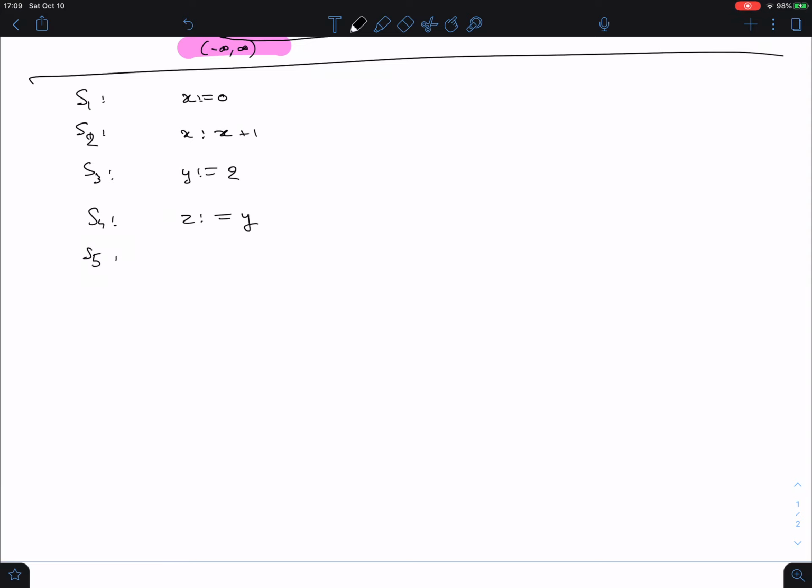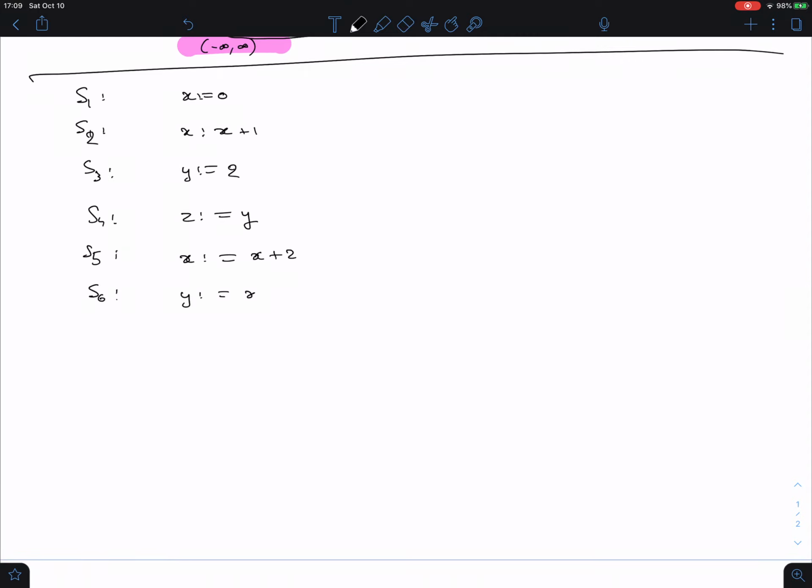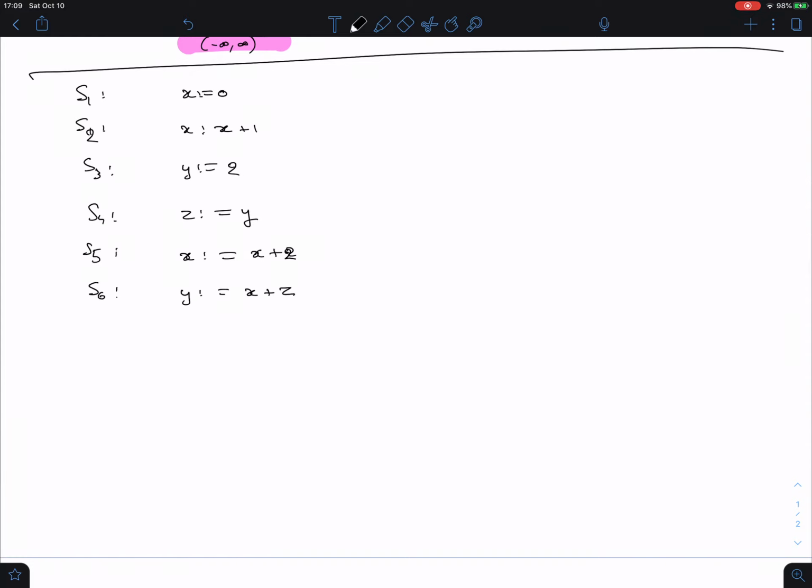S5 is the instruction x is x plus 2. S6 is the assignment y is x plus z plus 2. This is a z here, sorry, my 2 and my z sometimes look a little bit the same. And then S7 is the instruction z is 4.